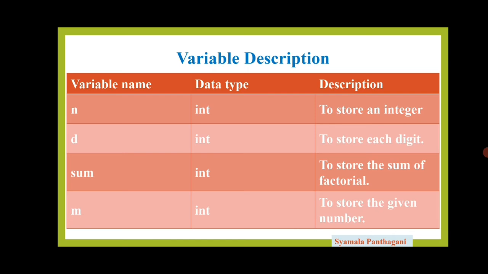Strike off this factorial and write it as digits.